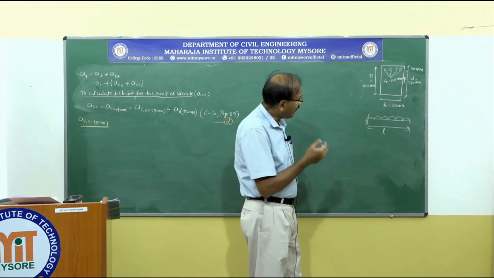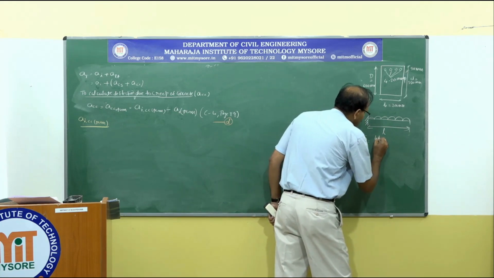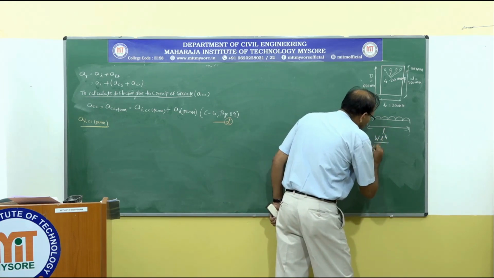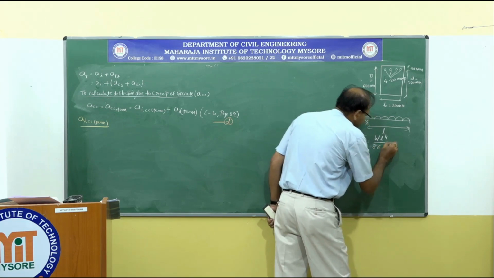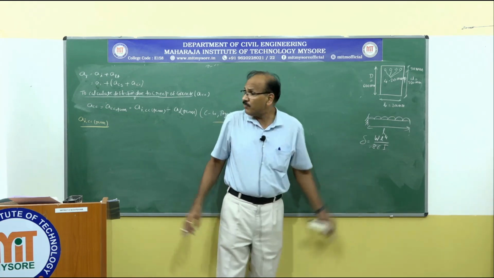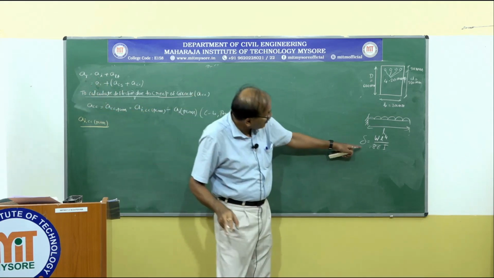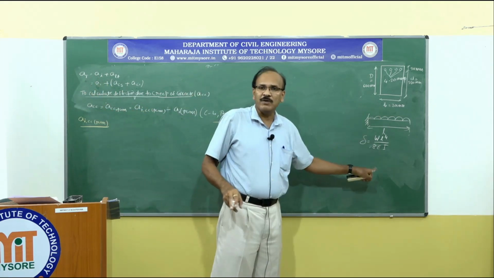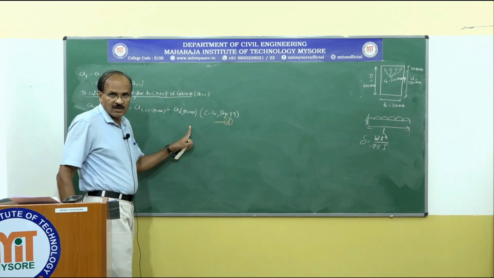For a cantilever of length L, deflection is given by WL to the power of 4 by 8 EI, if you remember. And this is the formula we made use of here. And we are going to make use of the same formula to find out this and this.